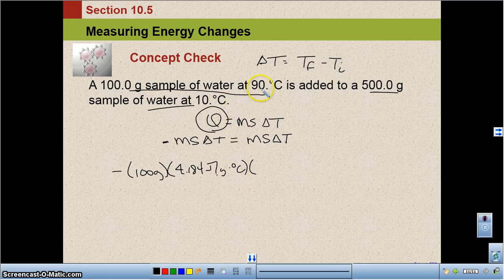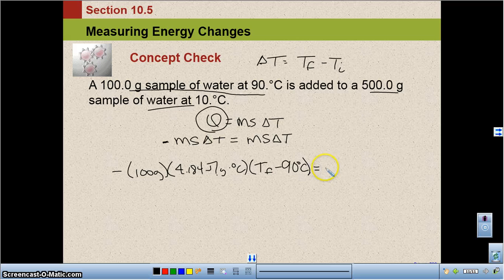So in this case, on this side, the initial temperature is 90. And what I'm going to find is the final temperature, because the final temperature, once this reaches equilibrium heat-wise, is going to be equal to the final temperature on this side as well. So delta T is going to be final minus initial, which is T final minus 90 degrees Celsius.